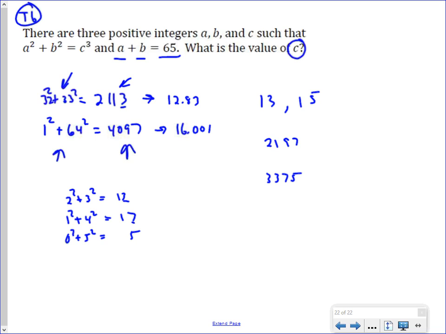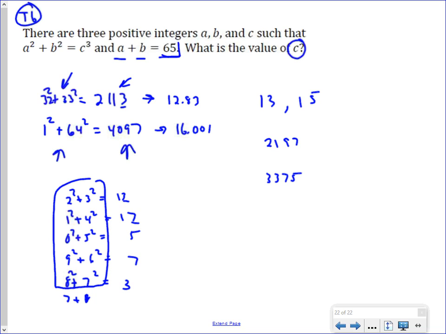If I did 9 squared plus 6 squared, that would give me a units digit of 7. If I did 8 squared plus 7 squared, that would give me a units digit of 3. Now, if you notice, it just goes backwards, and you've actually tried everything that you can. These are all the possibilities of units digits that are going to add up to 65 for you.